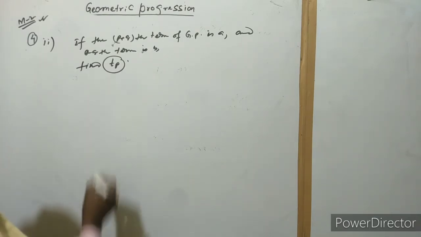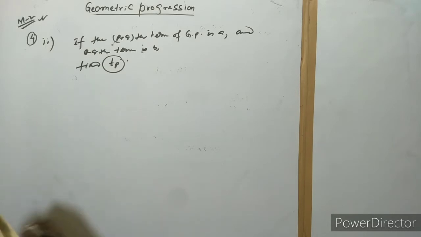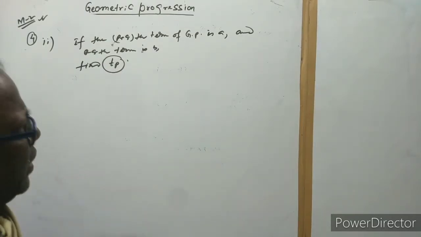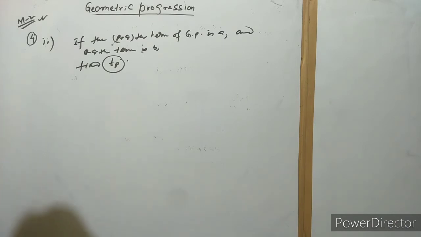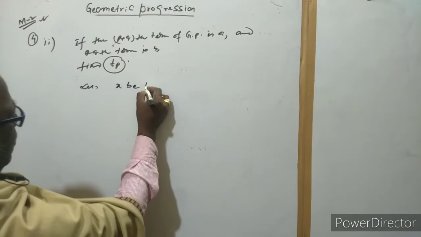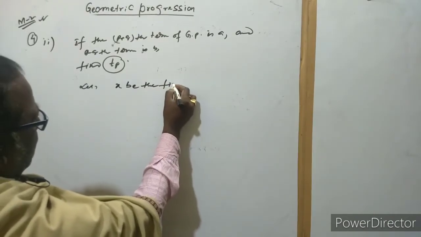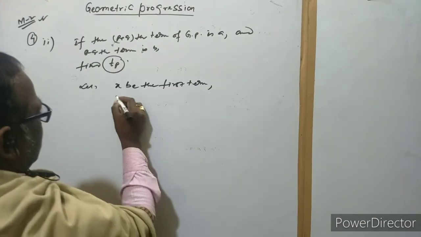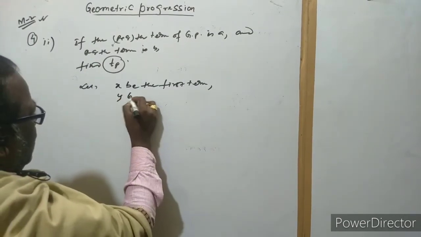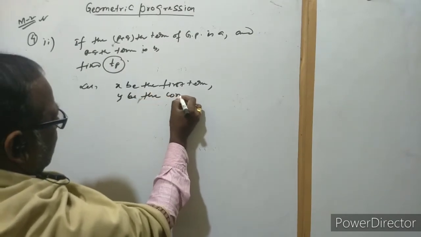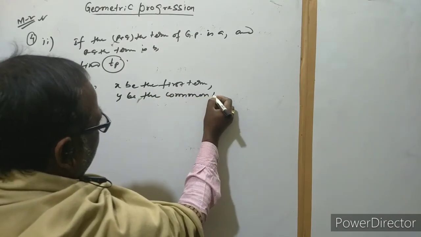Now again let us assume A and B are given there, so we can take a first term other than A here. So let X be the first term, and Y be the common ratio.